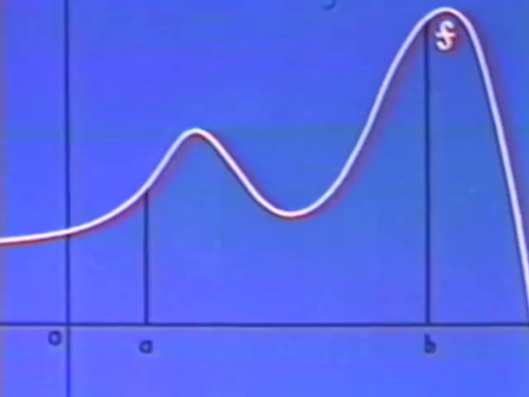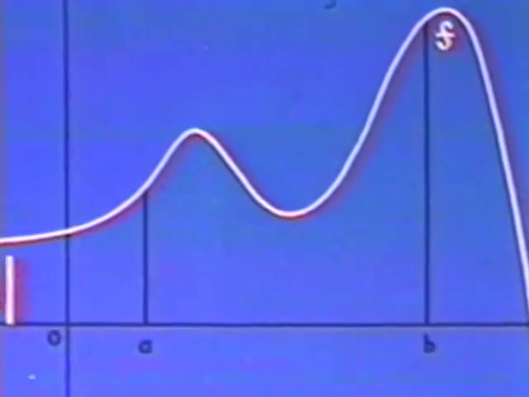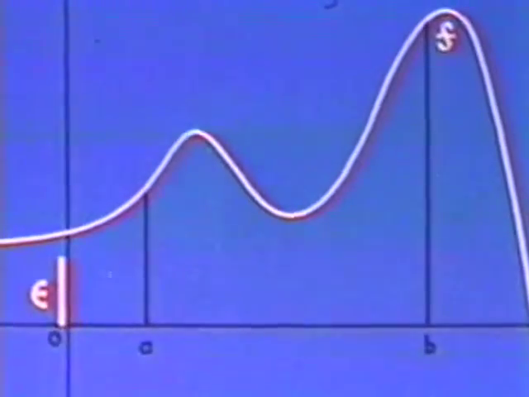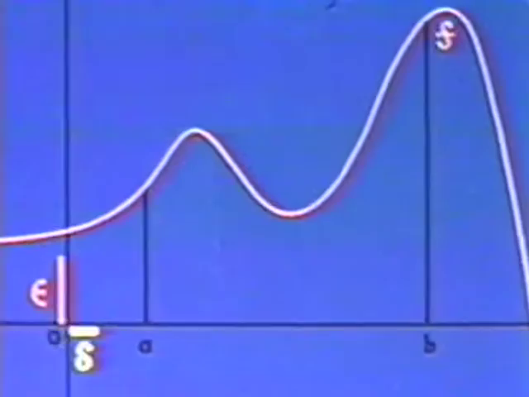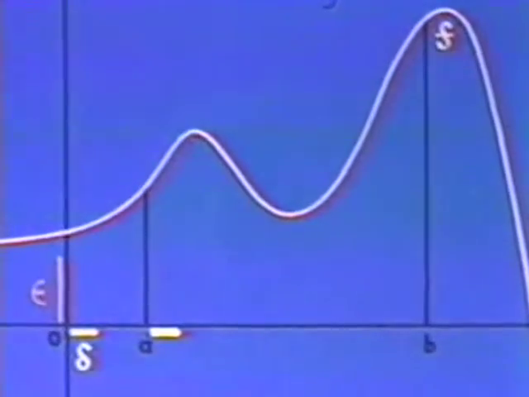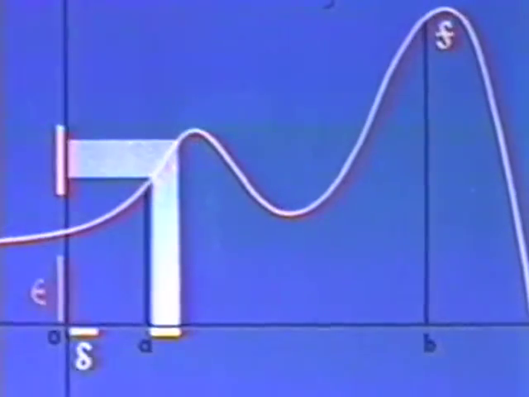Here is a convenient formulation of this important property. For arbitrary positive number epsilon, there exists a positive number delta, such that on any subinterval of AB having length delta, the values of the function must lie within an interval of length epsilon.